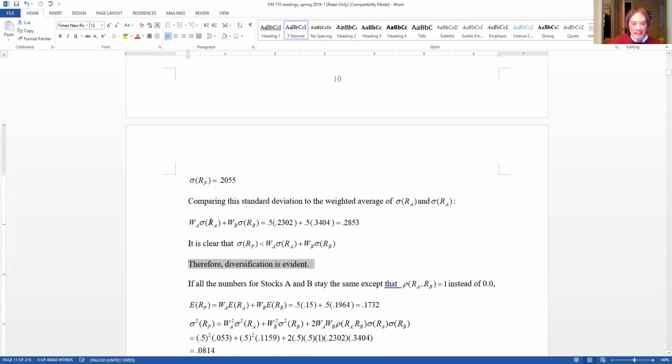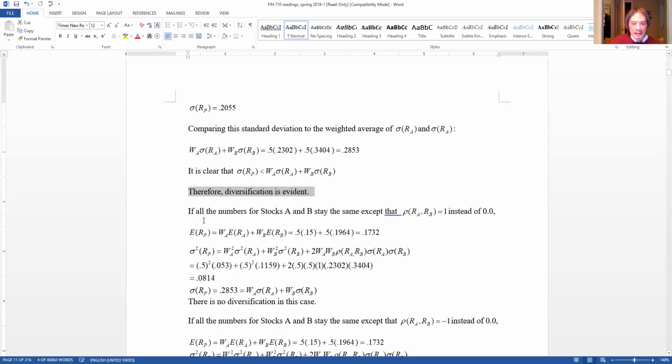For example, again, we use A and B to form the portfolio. And now we use correlation equal to 1 instead of 0. First, let's calculate the expected return of the portfolio.